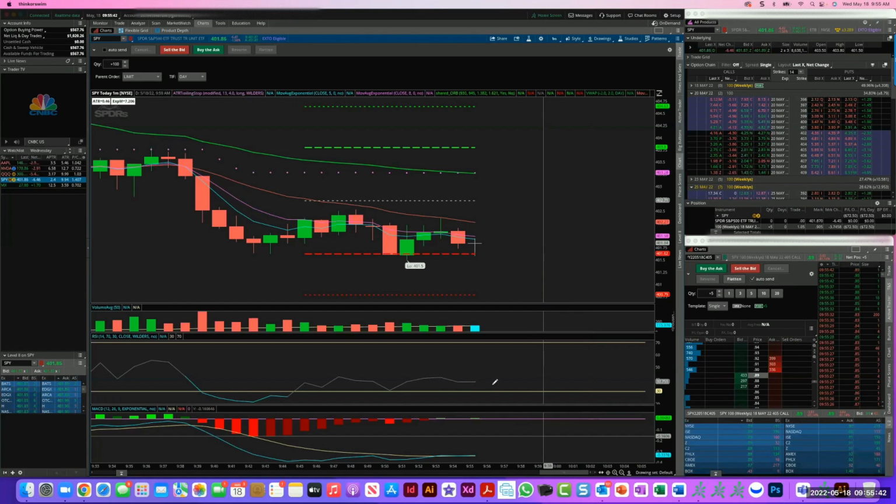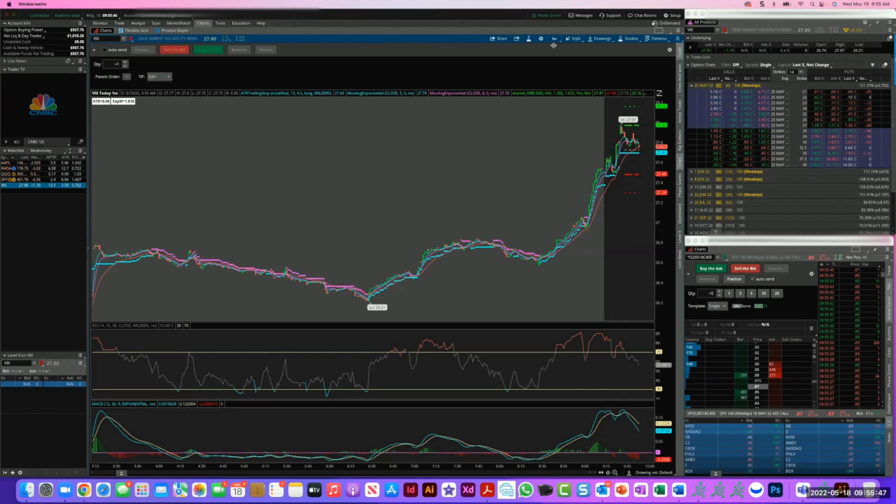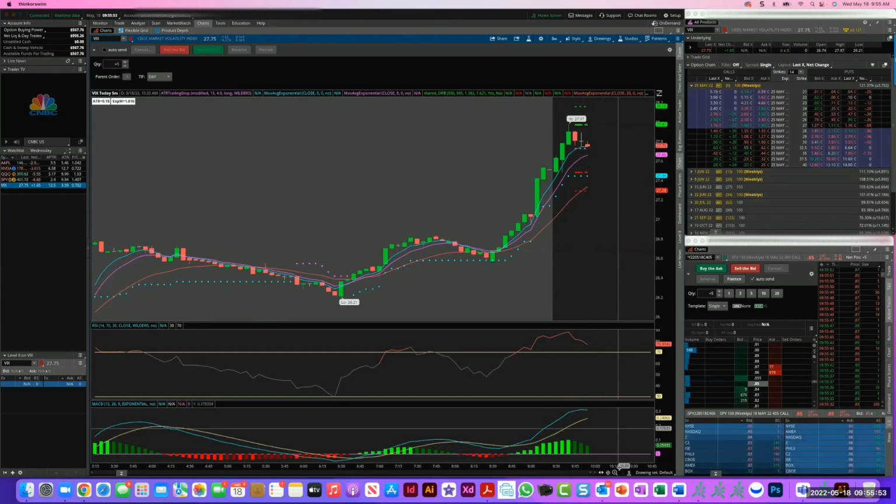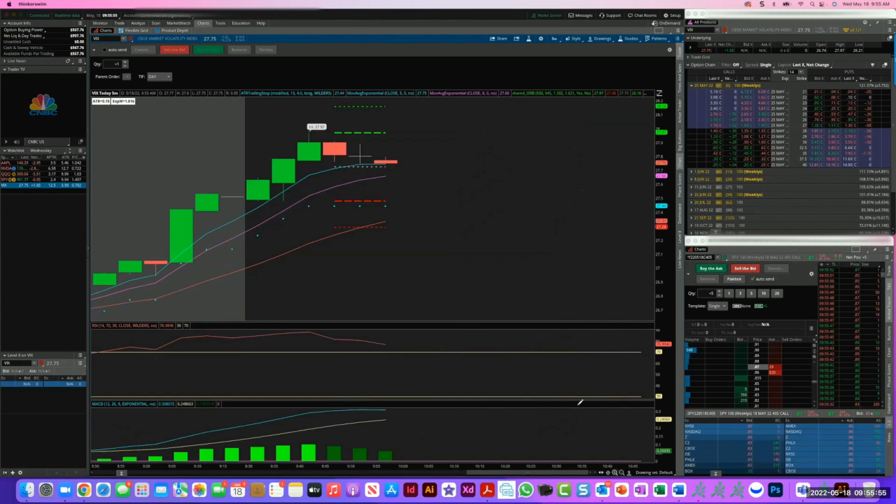If you take a look here at the VIX, you'll see what's happening. We've got on the 5-minute chart the VIX finding support here, or trying to. What we need is for it to fall through the 5-day EMA, but it is trying to reverse here.